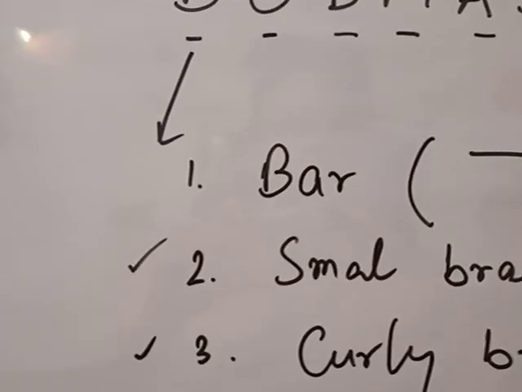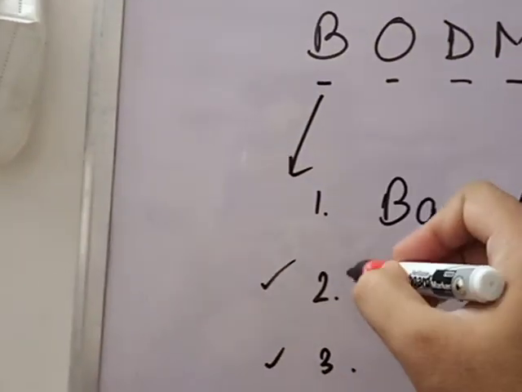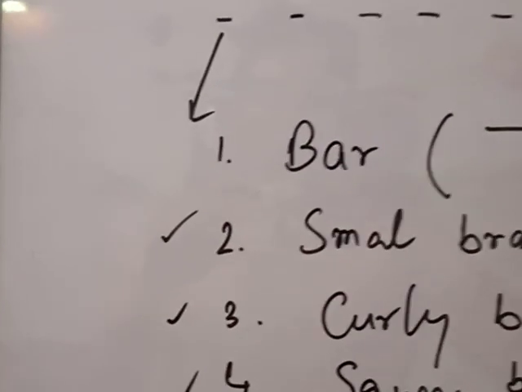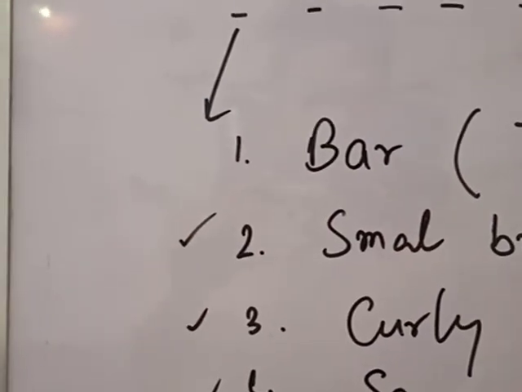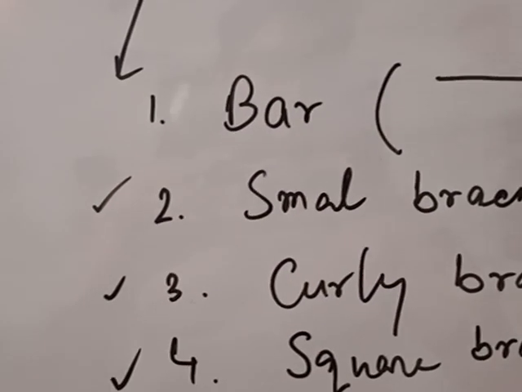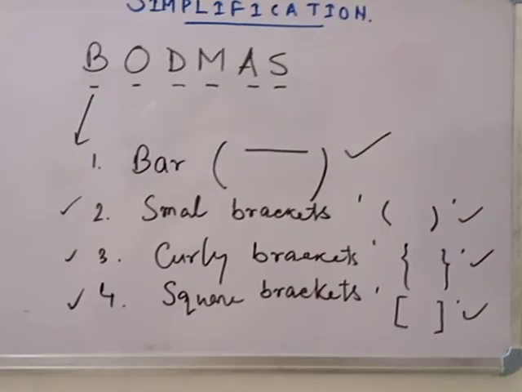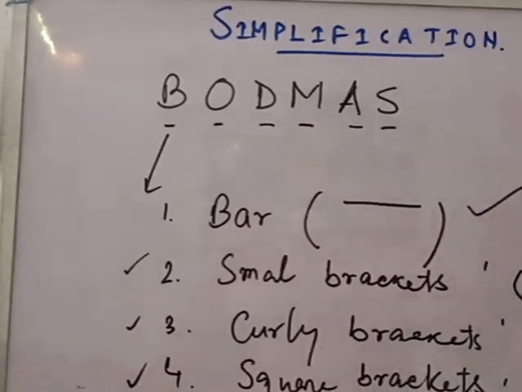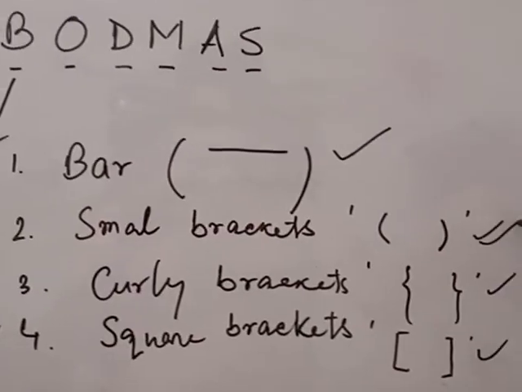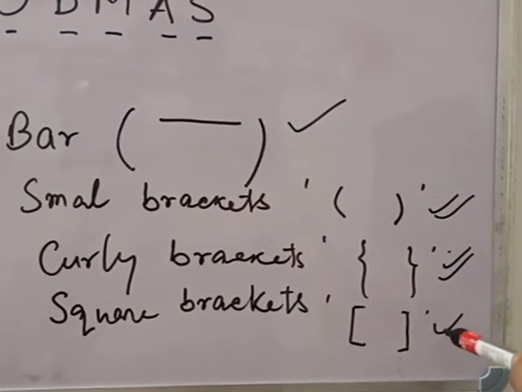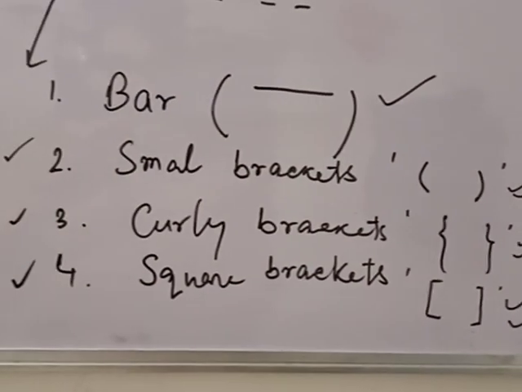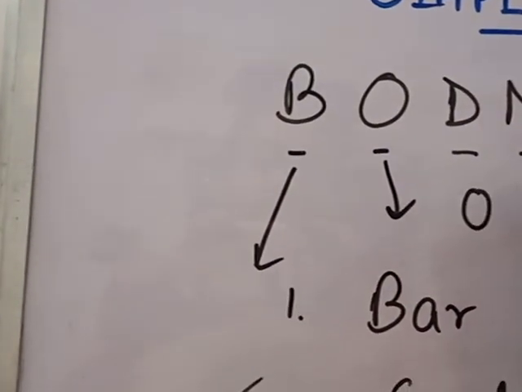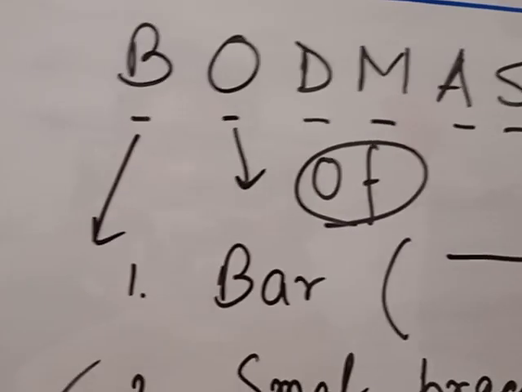As per number 1, 2, 3, 4, you have to follow in the simplification. Firstly I have to do the bar, then first bracket, then second bracket, then third bracket. Now O means here off.